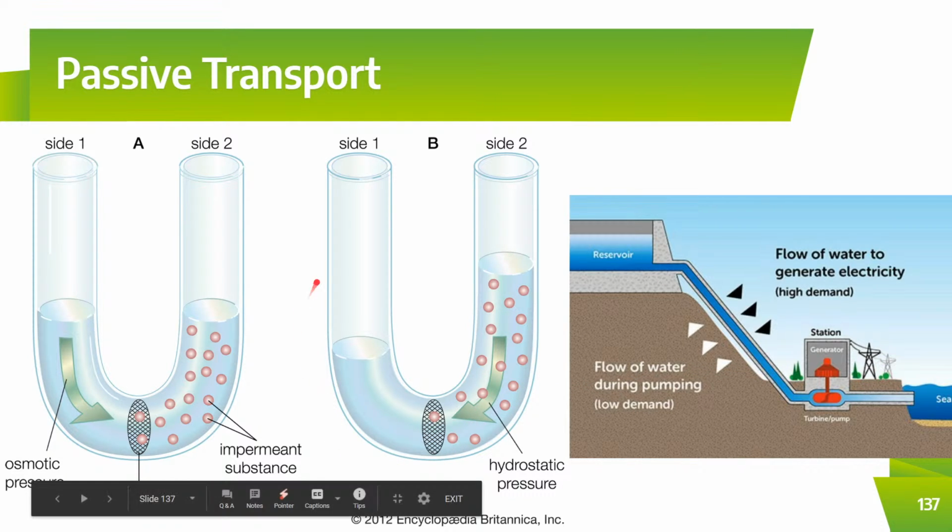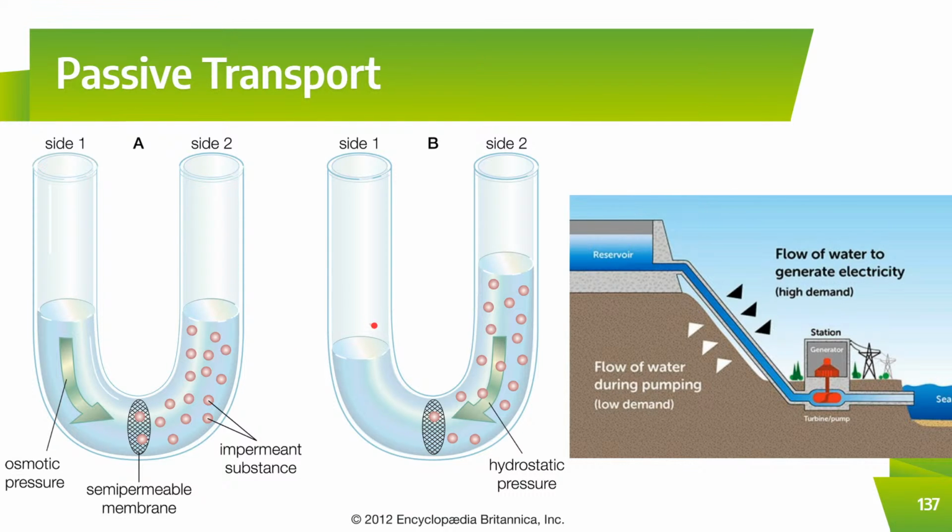The same principle is happening in this U-shaped tube. The concentration is high on this side, so the water wants to dilute the concentration and make it equal to the left side. That's why there's a certain pressure of the water to go to the right side. And this is where the whole energy from this passive transport comes from.